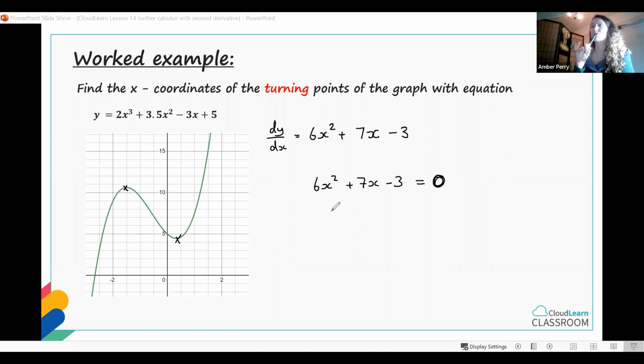Who can remember how to solve quadratics? There's 3 different methods: factorizing, using the quadratic formula, or completing the square. Which one do you think you should do for this particular question? Would you go for factorizing? You may well be able to factorize this, or would you go for the quadratic formula or completing the square?